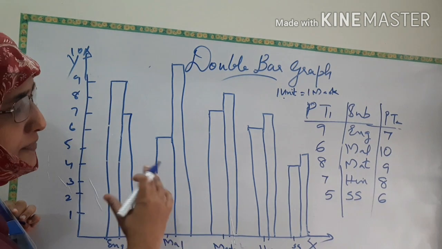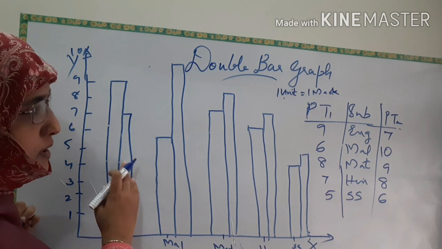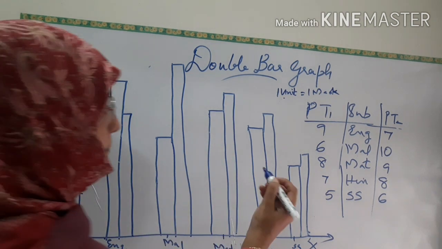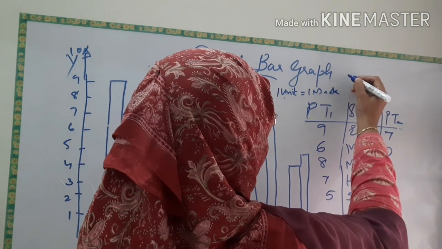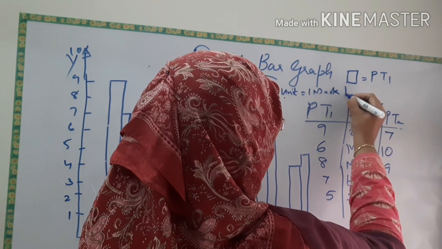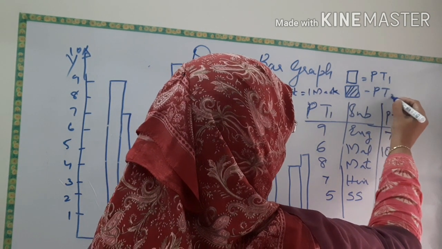So how will you identify which is periodic test 1 and which is periodic test 2? To identify that, you have to give a symbol for that. See, the plain bar you can give as PT1. Then the next one you can shade it and take it as PT2.